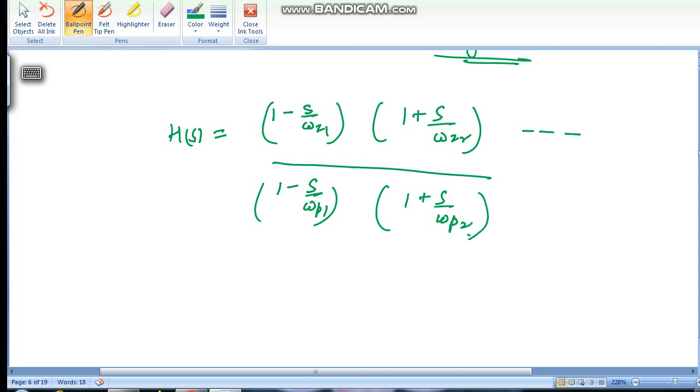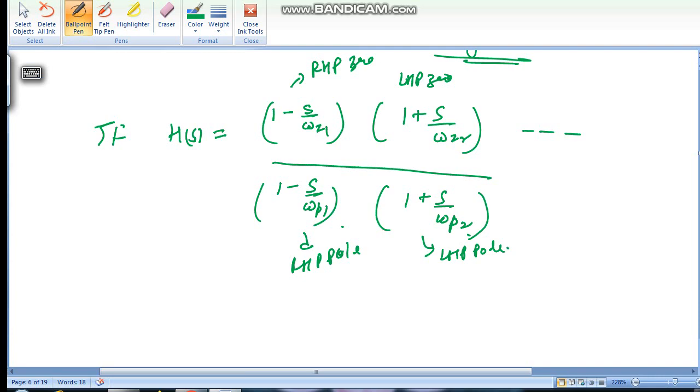Now in this transfer function, we have left hand pole, right hand pole, left hand zero, right hand zero. So this is our right hand plane zero, this is left hand plane zero, this is right hand plane pole, this is left hand plane pole.